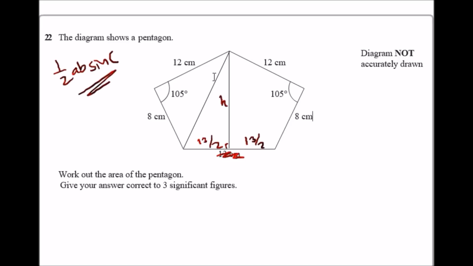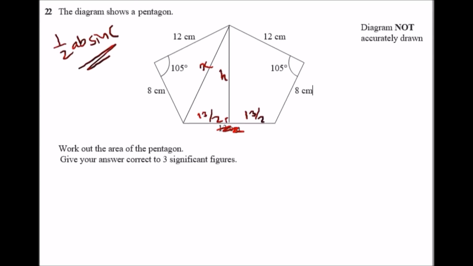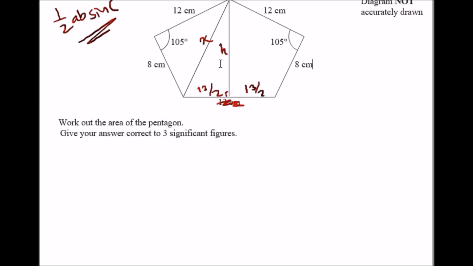However, we still need to work out this length, and to work out this length, we need to use the cosine rule. So let's call this length x. Using the cosine rule, let's work with this triangle here: 8, 12, x, and 105. Once we do that, we can work out h using Pythagoras theorem, and then find out the areas of both and just double it to get the answer on the right. So let's call this triangle 1.